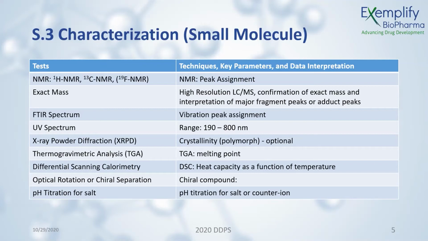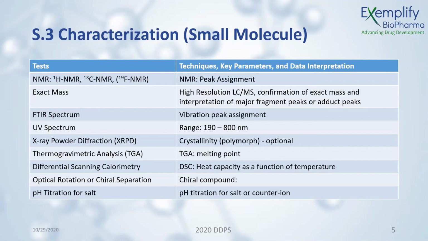You need to do it on a representative sample, on a pure sample, but you only need to do it once for IND, and for the future IND update, unless there is a new form or a new manufacturing process, you don't need to do it again or amend your IND. You don't need to update your IND or IMPD. You only need to establish once.